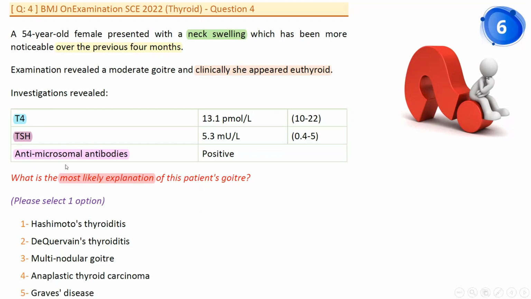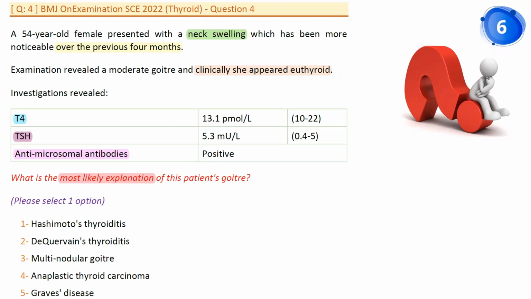What about the antimicrosomal antibody? It is positive. What does antimicrosomal antibody mean? This is anti-TPO. The previous name is antimicrosomal antibody, but nowadays it is anti-TPO antibody. What is the most likely explanation for the patient's goiter? 1. Hashimoto thyroiditis.